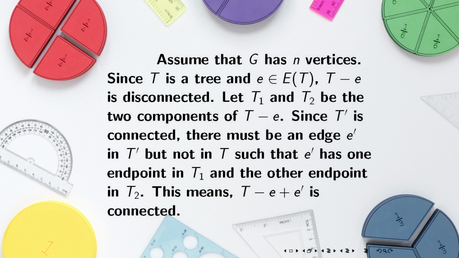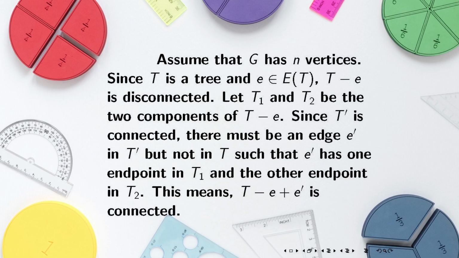Now, since T dash is a tree, it is connected, so there must be an edge E dash in T dash, but not in T, such that E dash has one endpoint in T1 and the other endpoint in T2.